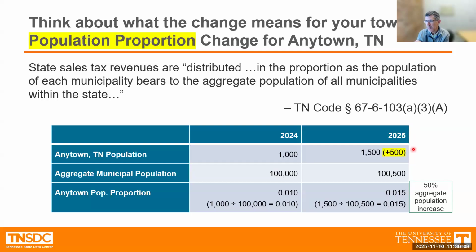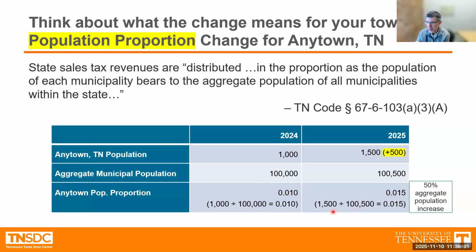Now let's go forward a year to 2025 and say that Anytown, Tennessee had a population increase of 500 people. That increases its population to 1,500 people. We're just assuming that no other communities in the state of Tennessee had any population change, highly unlikely. But for this example, that increases the aggregate municipal population to 100,500 people.